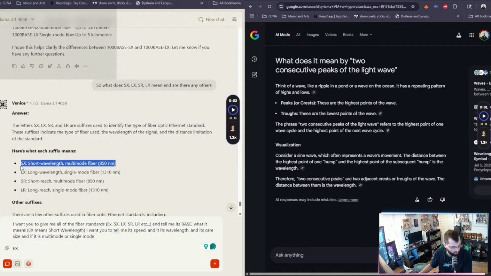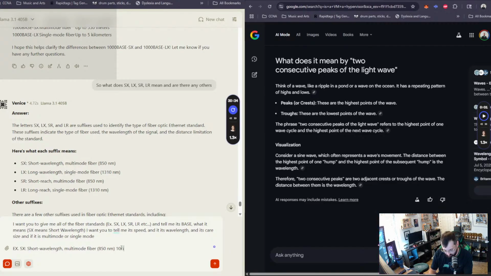I want this: SX, short wavelength, multi-mode, 10 gigs. This is the wavelength, gigabits per second. What was the other one I wanted?